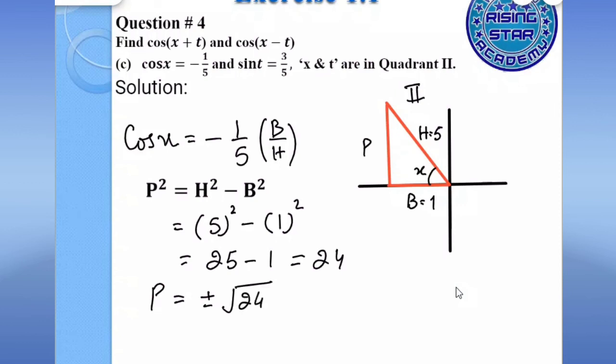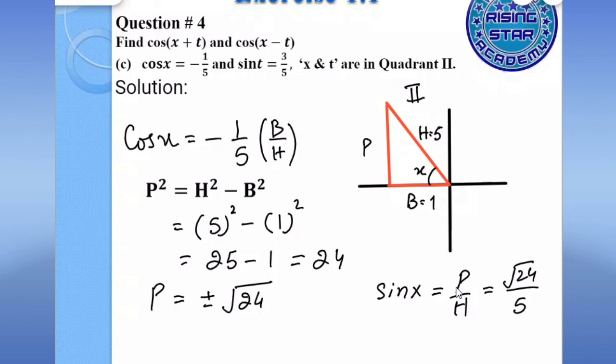Now we will find sine x. So sine x is equal to perpendicular over hypotenuse. So perpendicular is square root of 24 and the hypotenuse value is 5, and in the second quadrant the sine value is positive, so it would remain positive.